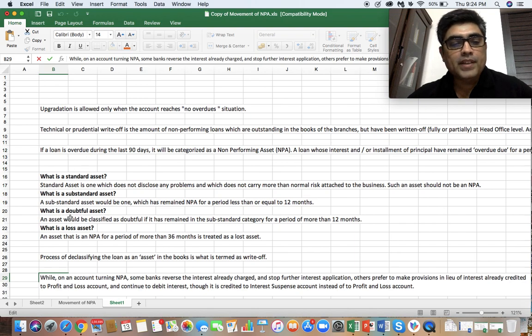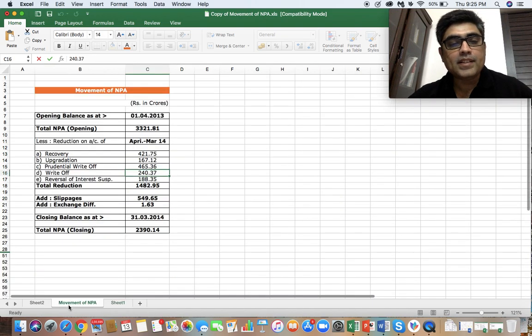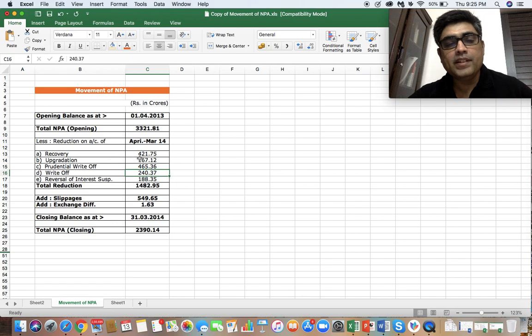So as you see over here, it is within the names of NPA, but an asset cannot move from one level to the other within the non-standard asset classification. An asset can be upgraded only when everything has been paid off and there is no overdue situation. If that is happening, that is considered to be upgradation. So here we get to see the value comes to be 167.12 crores, right?